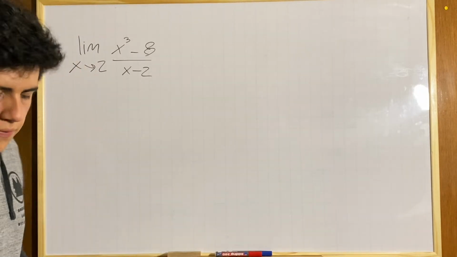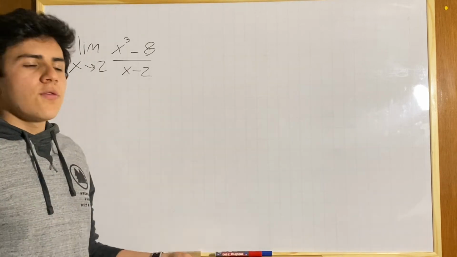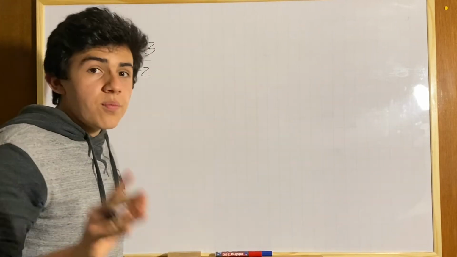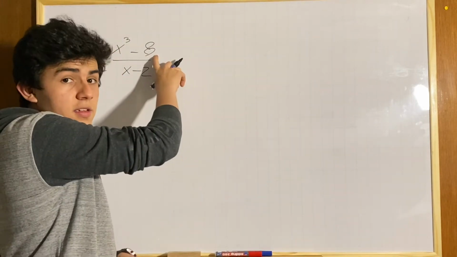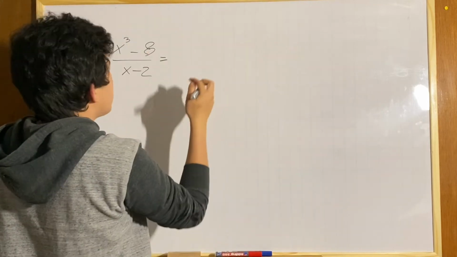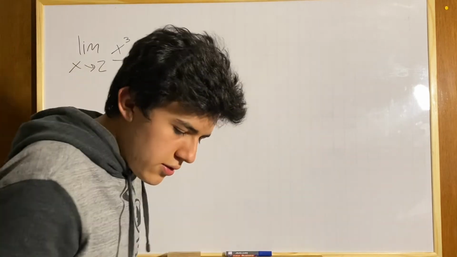So how do we solve this? I hope you guys see how this in some sort of way resembles what we did before. This is a difference of perfect cubes. We know 8 is the cube of 2. So we just take that as a difference of cubes. I'm gonna write the rule right here that you need to follow.